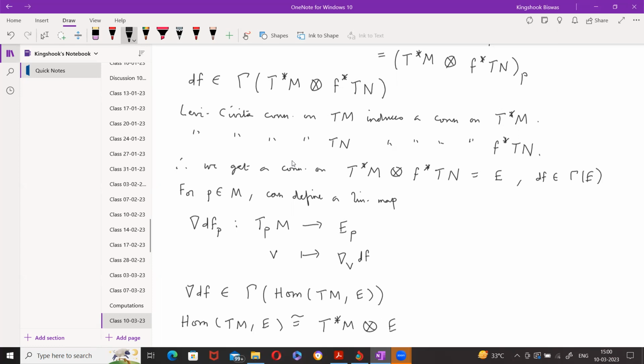Now, what is E? E is T star M tensor F star TN. So this becomes T star M tensor T star M tensor F star TN, right?